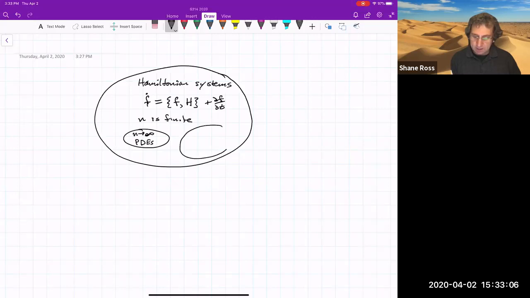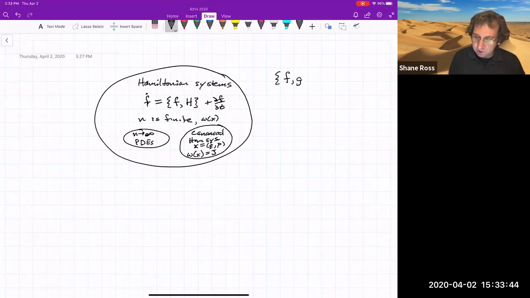Another subset is everything that we did for several weeks up till now, which are the canonical Hamiltonian systems, where we think of the phase space as made up of Q's and P's, and the Poisson matrix, or the non-canonical symplectic matrix, actually is the canonical symplectic matrix. Over here, n is finite, and omega of x, think of it as the Poisson matrix, remember?